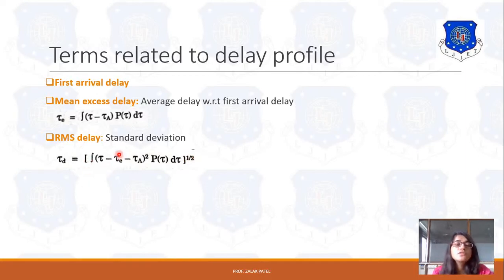So if you subtract the mean access delay from your original time period, then it gives the RMS delay. We will see one example related to the mean access delay and RMS delay so that things become clearer. If you still have any doubt with this equation, you can ask me on my WhatsApp number. So let's move forward.